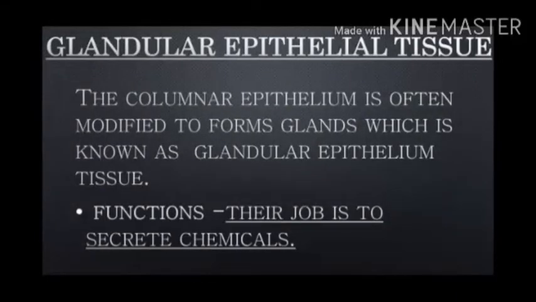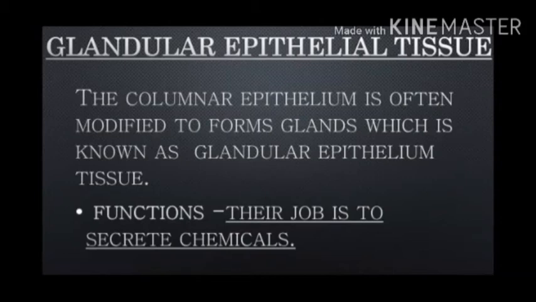Now the fourth and last type of epithelial tissue is glandular epithelial tissue. This is epithelial tissue which is often modified to form glands, known as glandular epithelial tissue. Their job is to secrete chemicals.